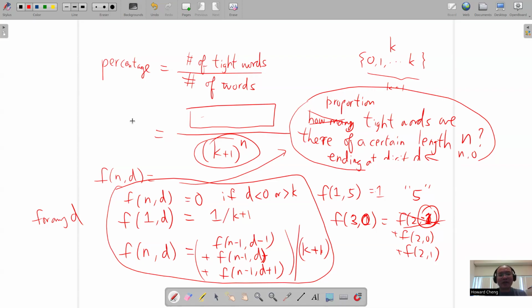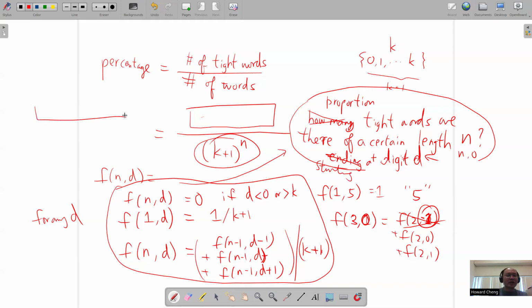You can also think about how, instead of the way that we did it, looking at the last choice, you can actually do the same thing thinking about the first choice. So instead of saying proportion of tight words of a certain length ending at a certain digit, you can say starting at a certain digit.